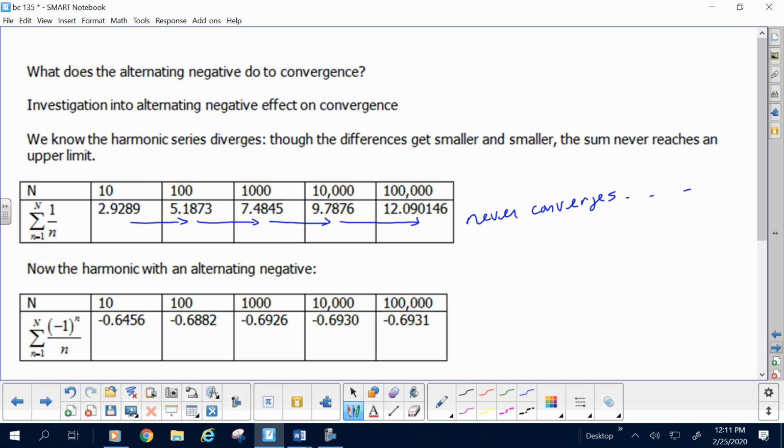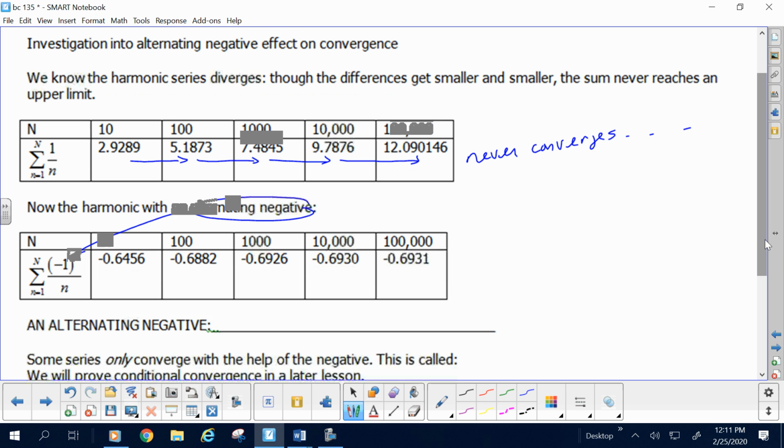But if you were to throw on an alternating negative onto the harmonic series, you can see that this does not spiral out of control. As you add more and more terms, maybe 100,000 terms, you start to get towards the limit.